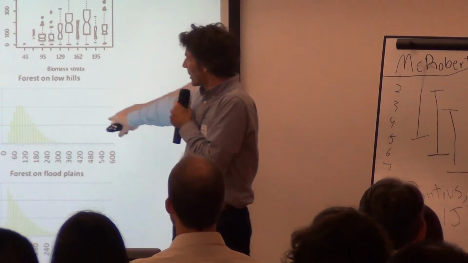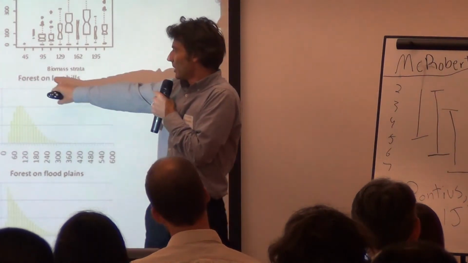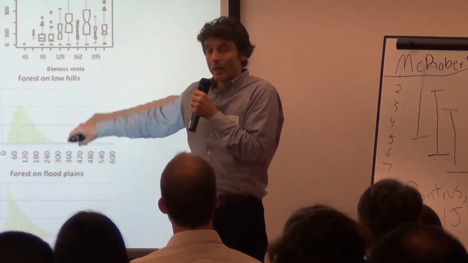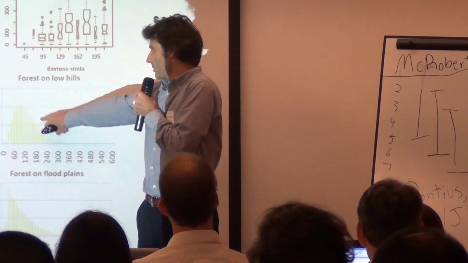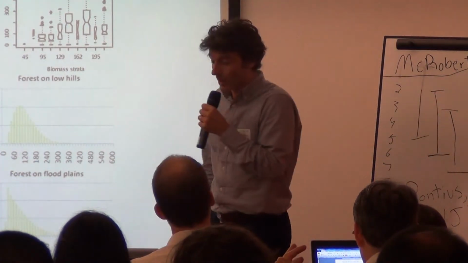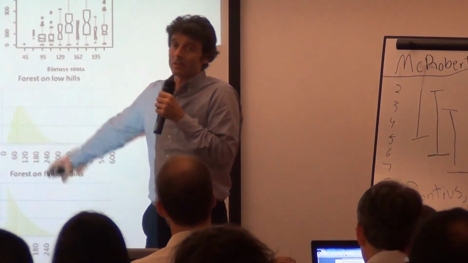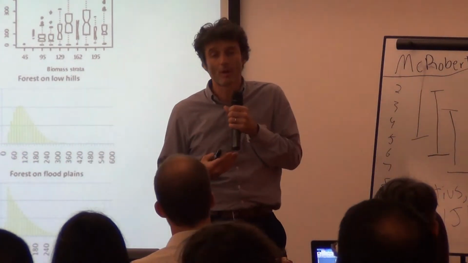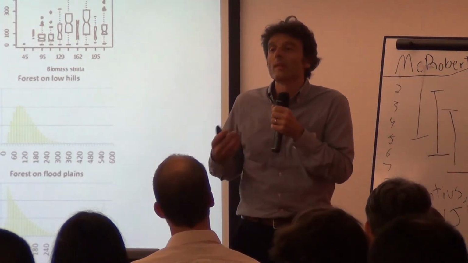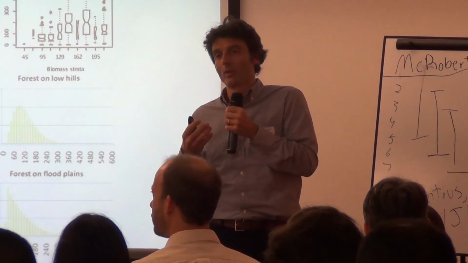Here on the right is the biomass distribution within one forest class. And this biomass distribution is shown as a function of airborne LiDAR data. So it's a sensor that provides what we think today is the best way to get to the biomass.